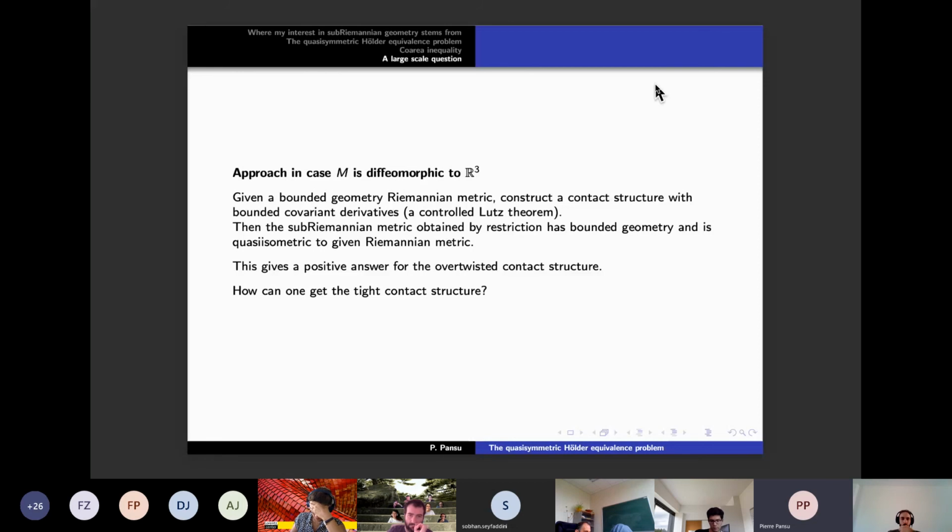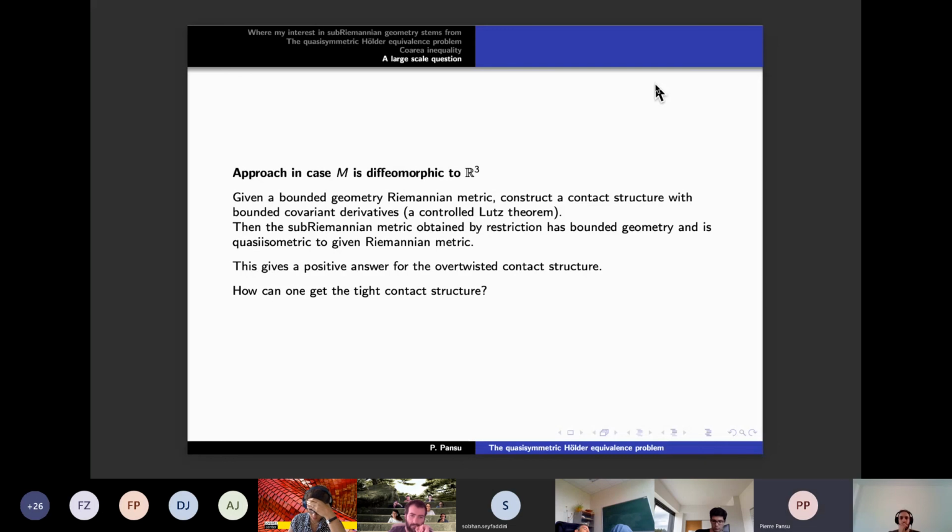In other words, I'm trying to do the Lutz theorem, which states that every 3-manifold admits a contact structure, except I take into account the given Riemannian metric, and I do this construction with controls on the rotation speed, on the covariant derivatives of the contact structure.